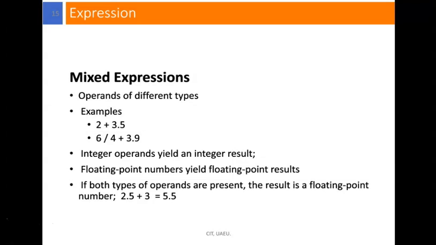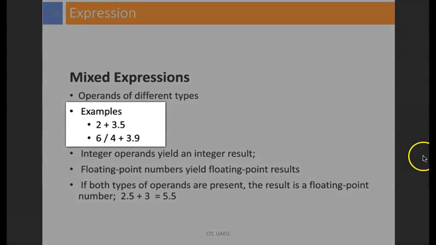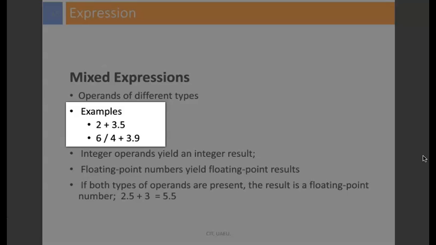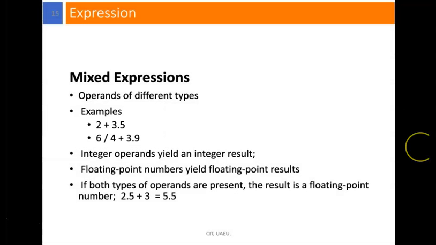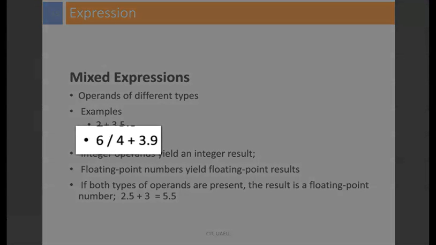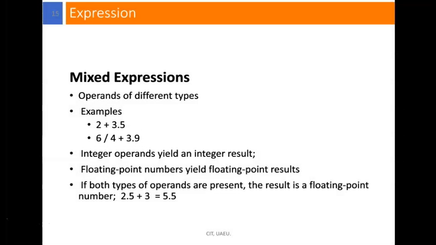We also have some mixed expressions where you have both integral data types and floating point data types. For example, here we have 2 plus 3.5 and 6 over 4 plus 3.5. Depending on the precedence of the operations, you will have to evaluate each part separately. So here 6 over 4 has to be evaluated first because division has higher precedence than addition.